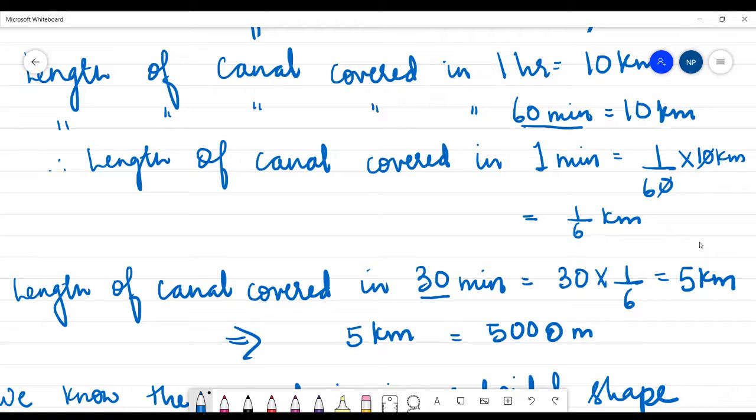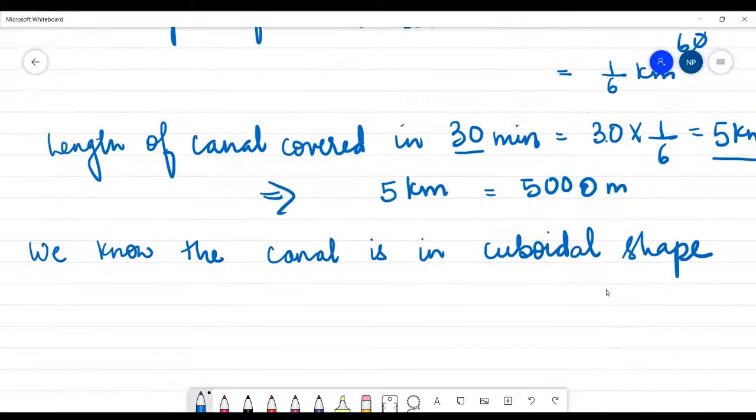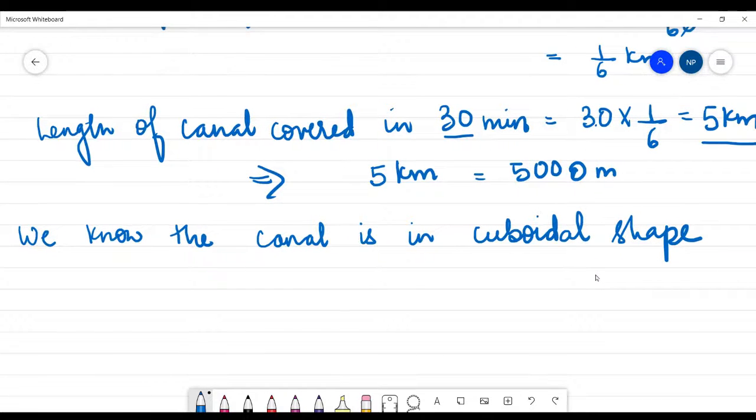So the length of canal covered in 1 minute is 10 upon 60 kilometer, that is 1.6 kilometer. So the length of canal covered in 30 minutes will be 30 multiplied by how much it covers in 1 minute, that is 1.6, that we will get 5 kilometer. Now convert 5 kilometer into meter, you will get 5,000 meters. So we know that the canal is cuboidal in shape.